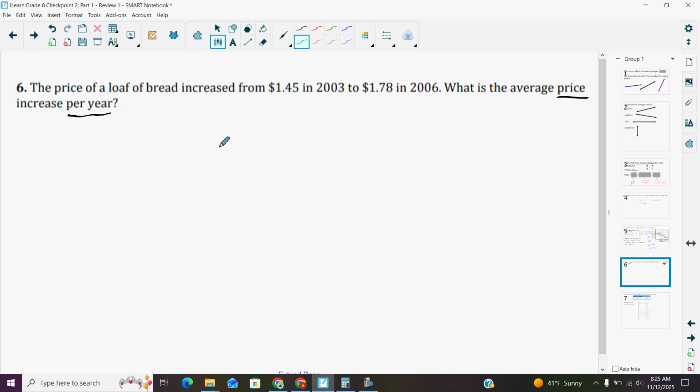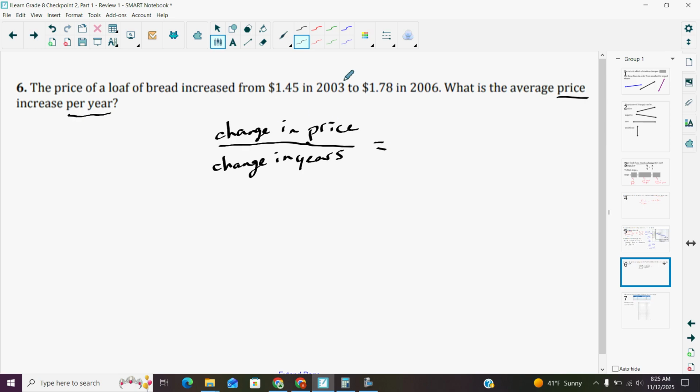So I need the change in years on the bottom, and I need the overall change in price on the top. If I can get the overall price increase and divide by the overall change in time, that will give us the average price increase per year.